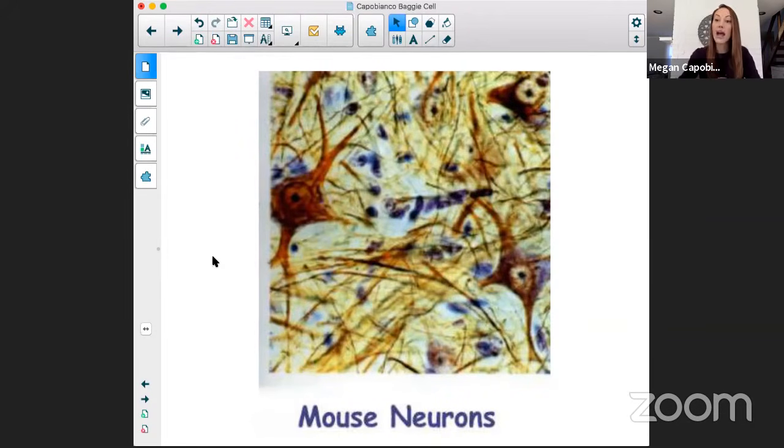That message has to be transmitted through all of these different nerve cells all the way up to your brain. Then a message has to be sent back down to the muscle so that you jerk your hand away. These messages need to be sent very quickly, so it makes sense that its form, its shape, is reaching out really far. They want to be able to reach out to that next nerve cell so that they can send the message.